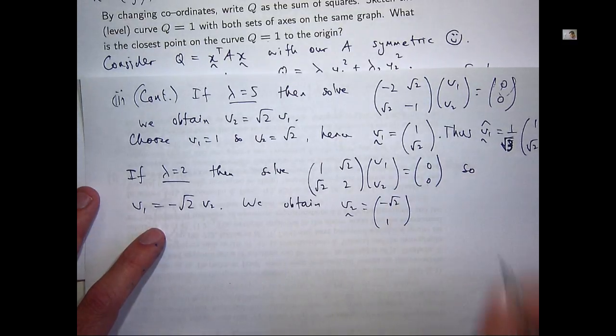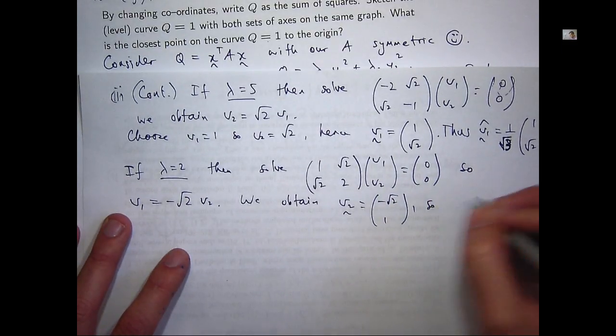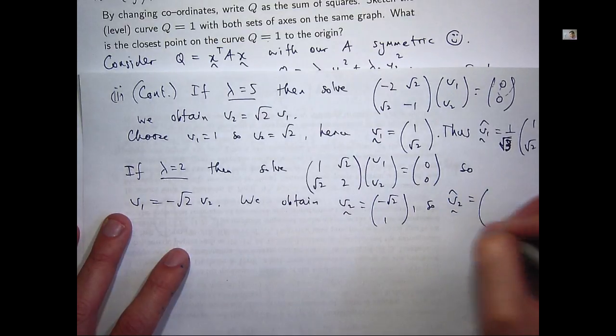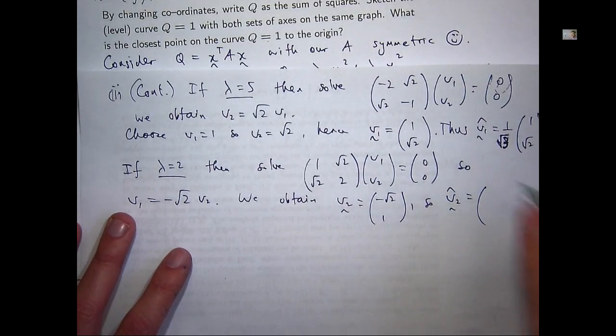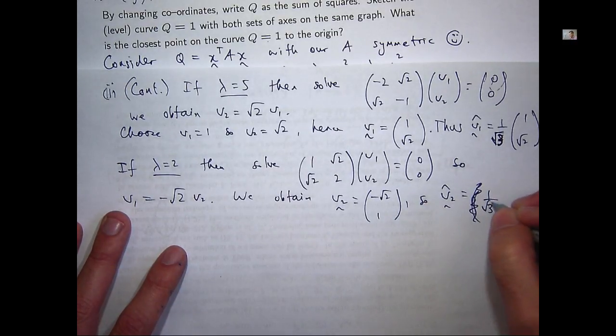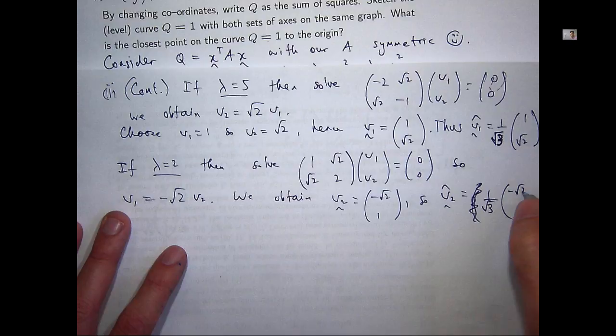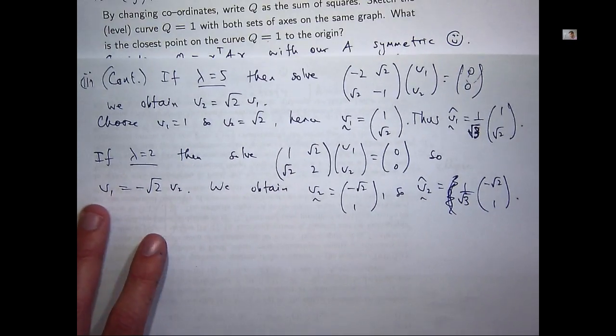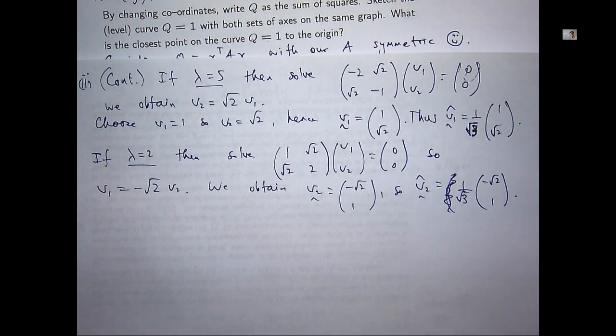I'll get the following, and I want to normalize that. So the length again is going to be root 3. So that's my eigenvector.